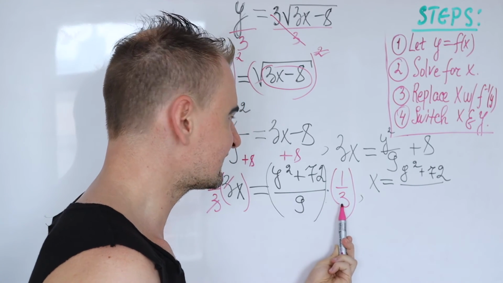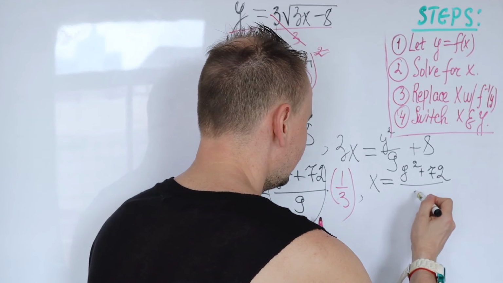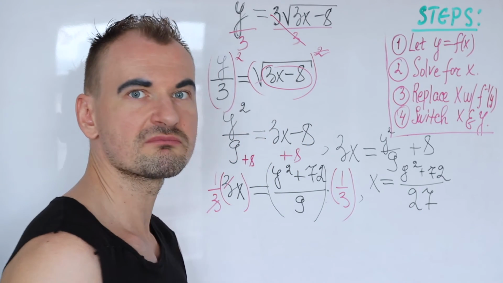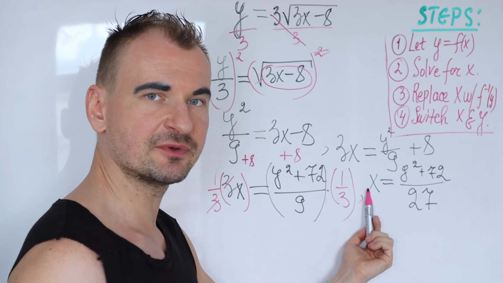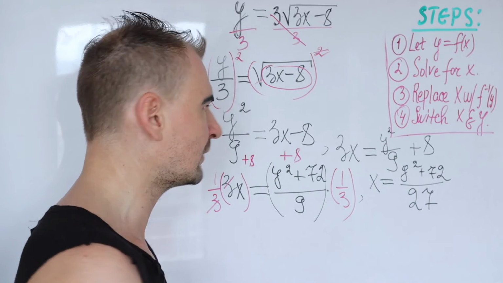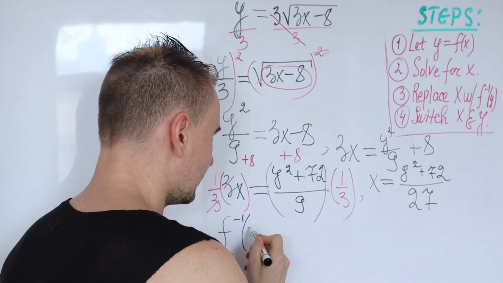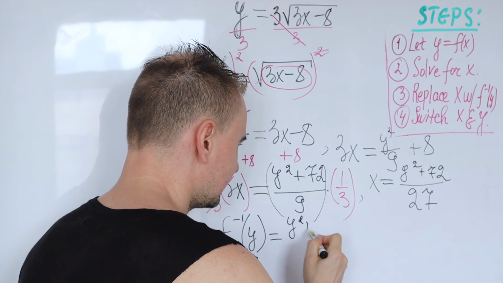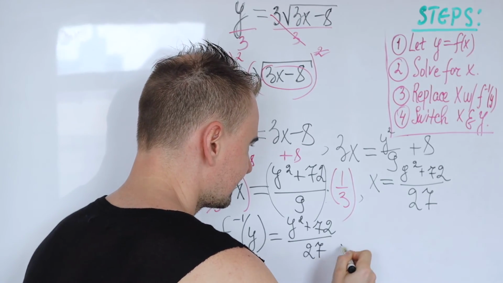And 9 times 3, you multiply bottoms straight across, which leaves you 27. Now this is your x, and the next step is to replace this x with f superscript -1 of y. So you would have f -1 of y equals y squared plus 72 over 27.